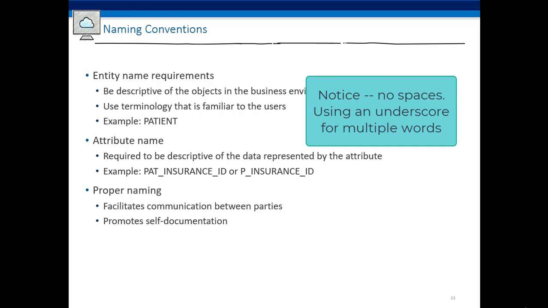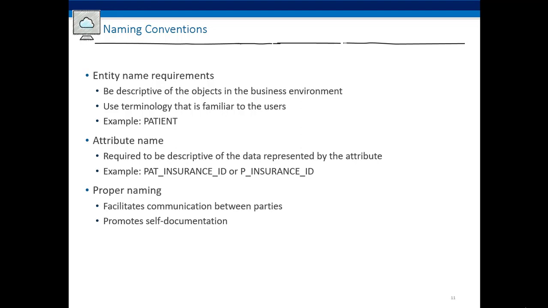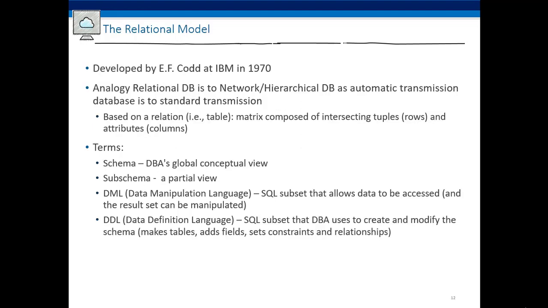But if I use a little prefix like PAT for patients, or even P, depending on the size of the database, on how big your prefix is going to be, then I understand, oh, it's patient phone, or student phone, or teacher phone, for example. So properly naming your entities and your attributes just makes this self-documenting.